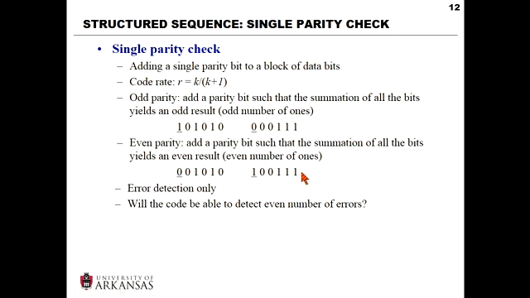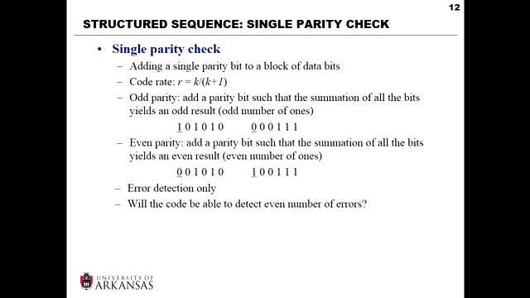Okay, and here we have 3 ones, so we add a 1 here, such that in the end we have 4 ones. So this is even parity or odd parity. Okay, so it can do error detection only, obviously. If something happens, there is no way for us to identify which bit is in error.